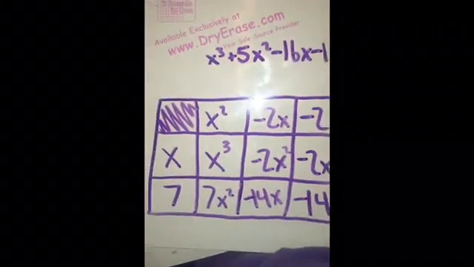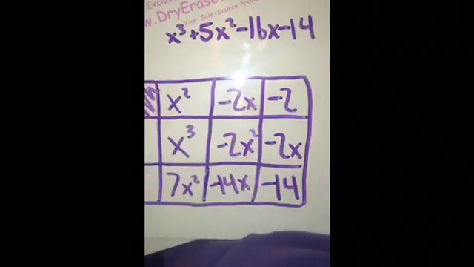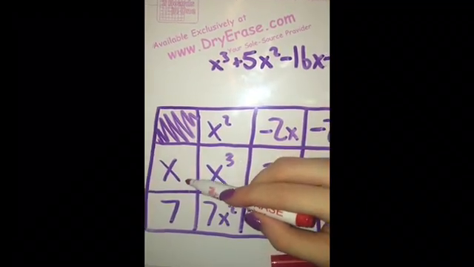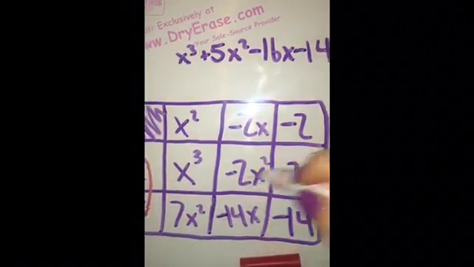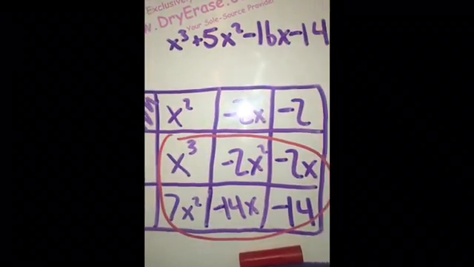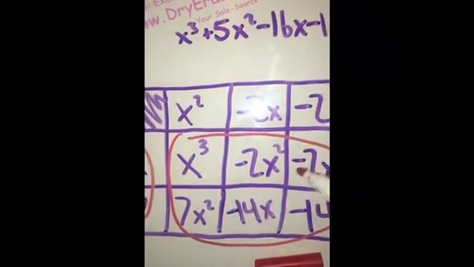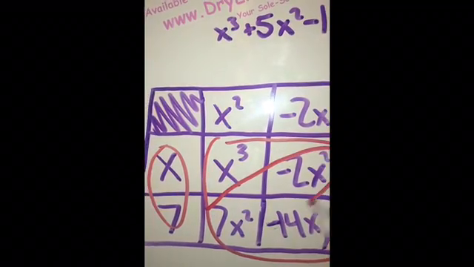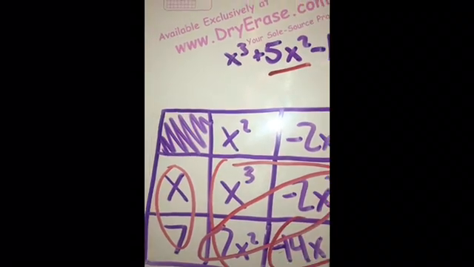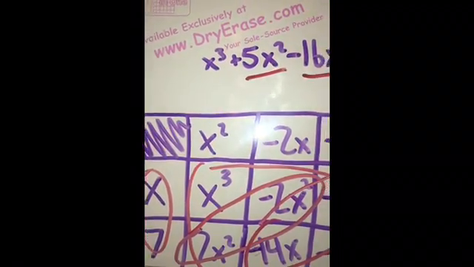So right here I already solved it out. This part comes from that, and this whole thing is that. If you add these together, it gives you this number.